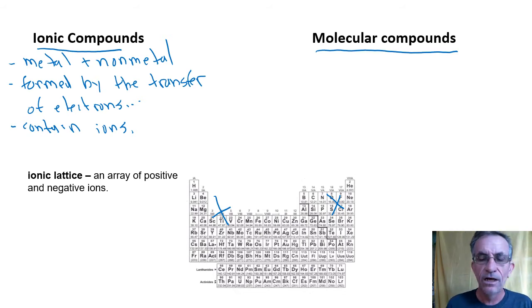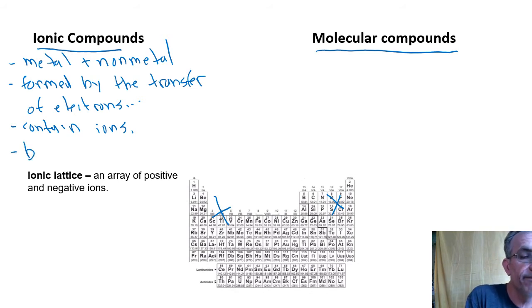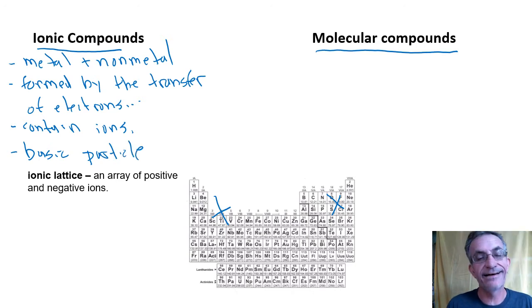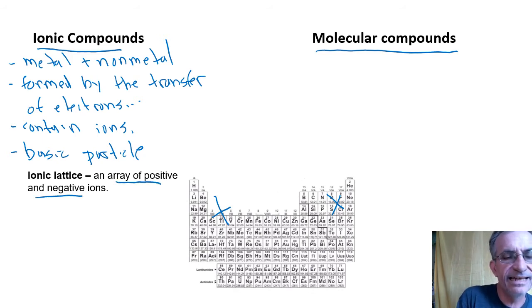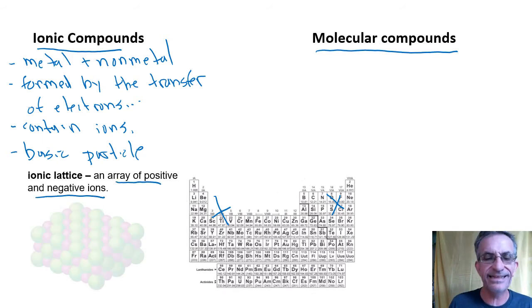Now, again, if we could look inside of them with some super great magnifying glass, what would we see? Well, what we would see is this. Their basic particle is an ionic lattice. So an ionic lattice is an array, so it's like a grid, that's what an array means, a grid of positive and negative ions. It looks something like this.